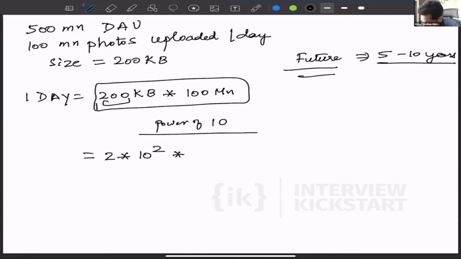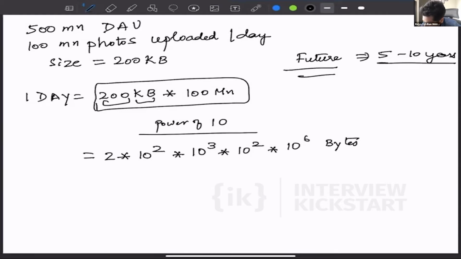And then the KB, we know that it is 1000 bytes, so that is 10 to the power 3. Then we have 100, which is 10 to the power 2, and million. If the power table is sitting in your mind clearly, then you know that million is 10 to the power 6.